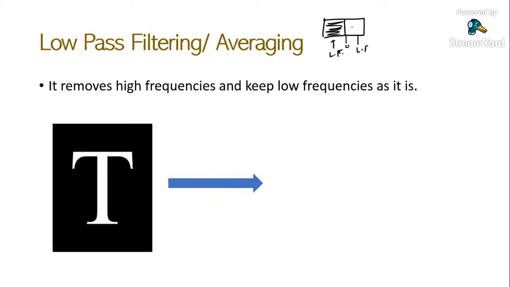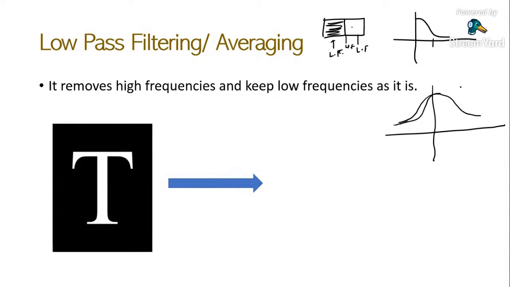So this is the high frequency region. In the frequency domain representation, the low pass filter is represented like this, where low frequencies are passed and high frequencies are attenuated. In the spatial domain, it is represented like this. It is the spatial domain representation for the low pass filter.